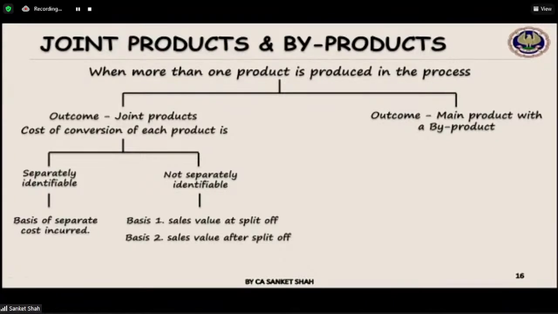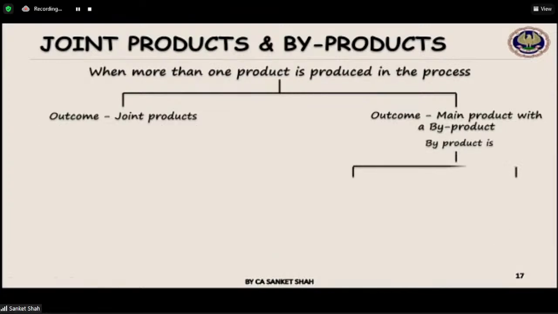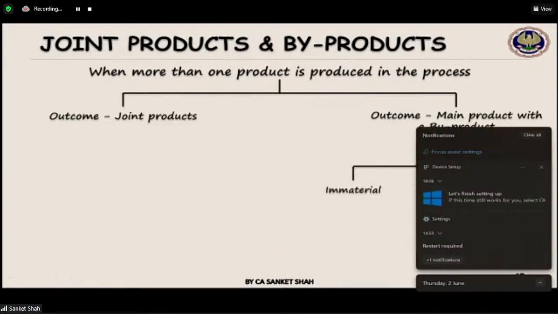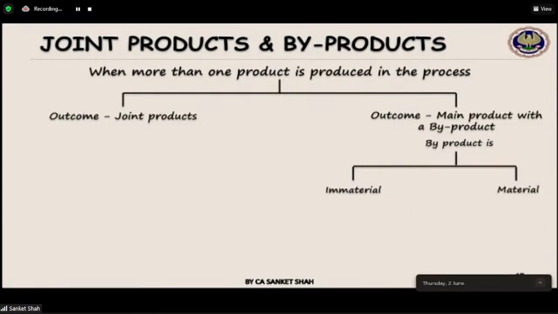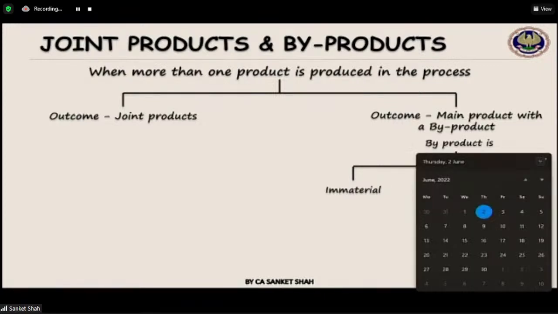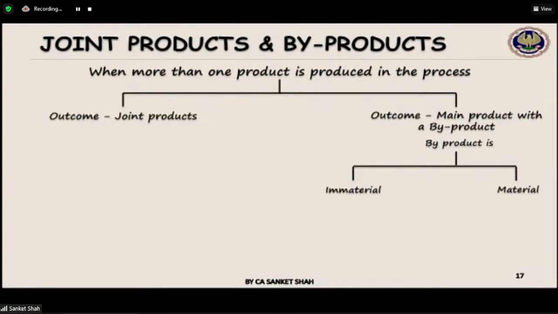So you can take a screenshot of this. Not separately identifiable, joint product. And in byproduct beta, you have 2 methods, immaterial.